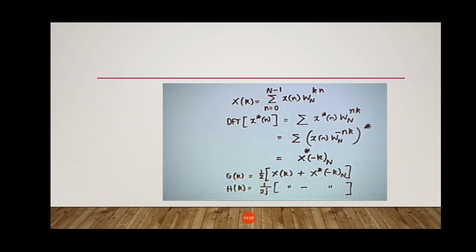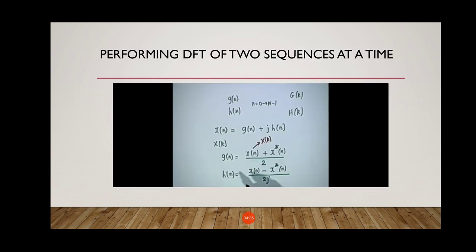Carefully note the different steps of mathematics we have done here. So capital G(k), by superposition, or we can say as it follows, DFT follows the linearity property. So capital G of k can be written as half of capital X of k plus X star of minus k modulo N. See, in the previous slide we have shown g(n) is equal to half of x(n) plus x star(n).